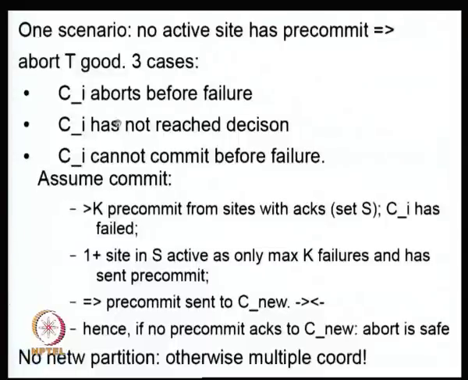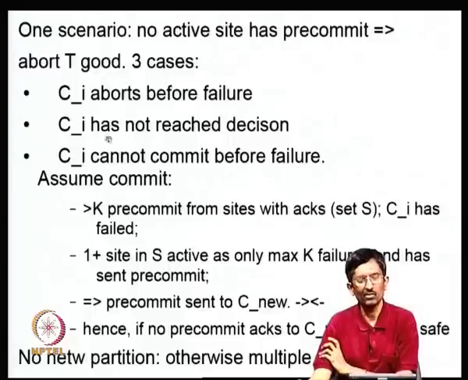So, actually there is one more scenario where no active site has a pre-commit, and here it turns out aborting the transaction is good. Actually there are 3 cases. If the coordinator aborts before failure, it is very clear that you can abort it. If CI has not reached pre-commit, it is very clear you have to abort it. It cannot commit before failure.